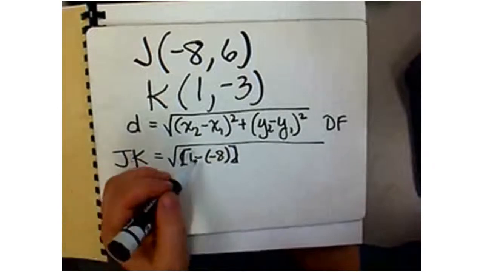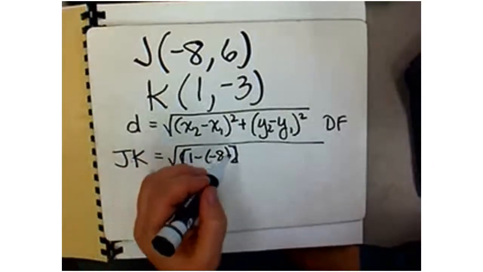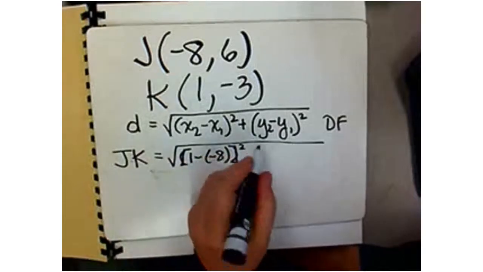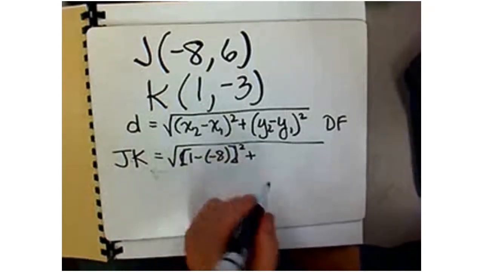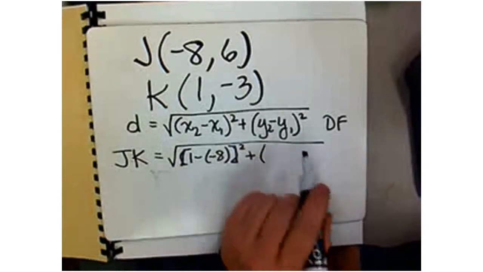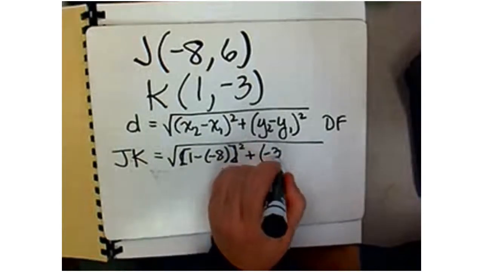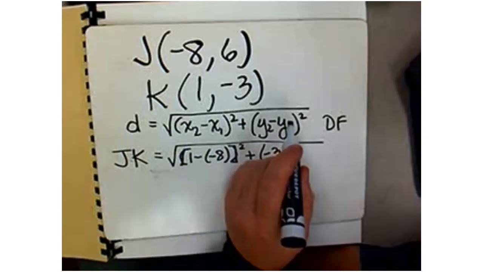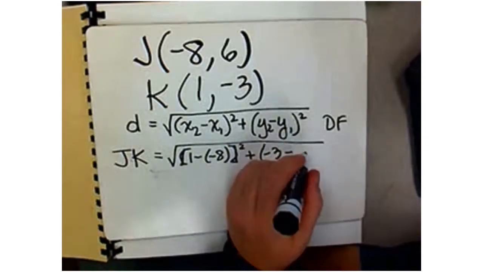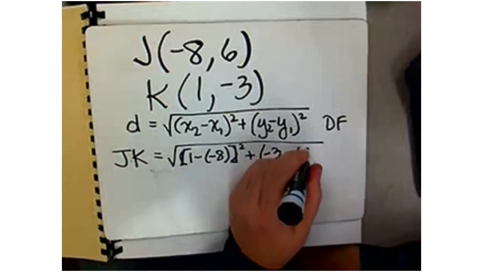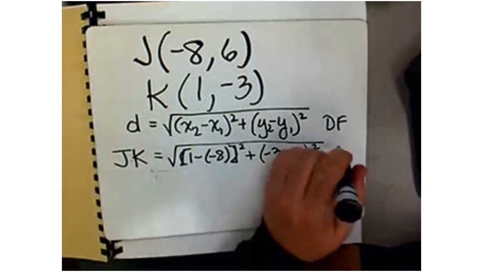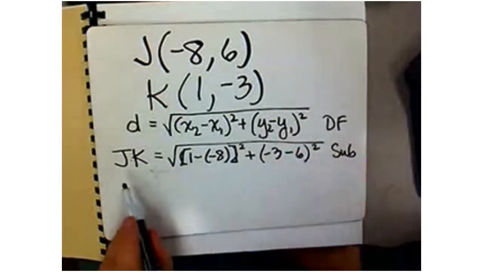So open bracket 1 minus open paren -8 close paren close bracket all to the power 2, plus open paren y sub 2, which is -3, minus y sub 1, that's 6, close paren to the power 2. So we just use the substitution property in order to do that.